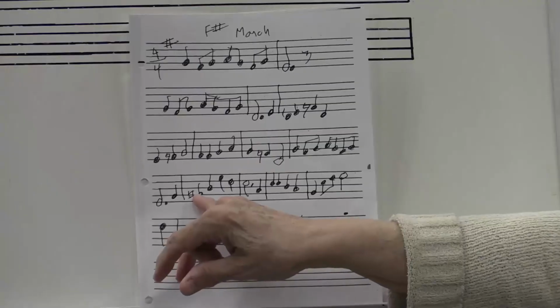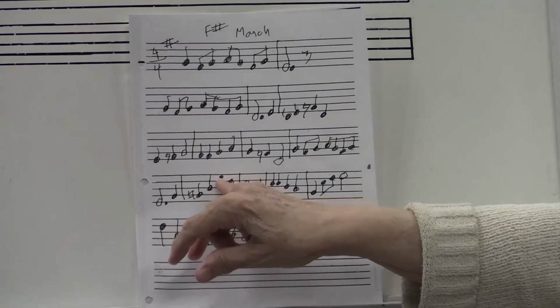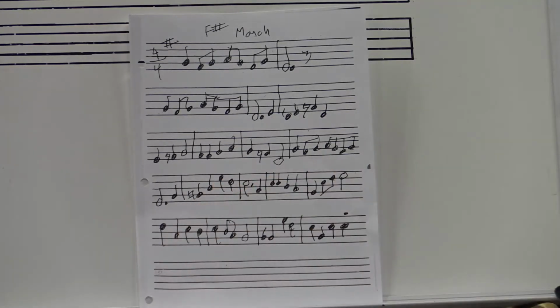Now, I also want to, that D right here, this is the G sharp, the B, the E, the high E. That D is just this finger.